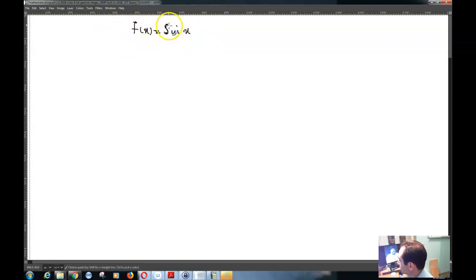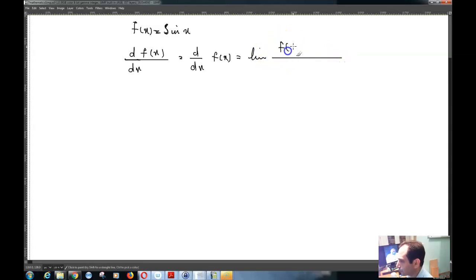So d by dx of f of x, you can write it this way as well. That's equal to the limit of f of x plus h minus f of x over h as h tends to 0.